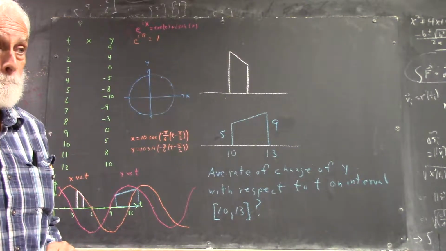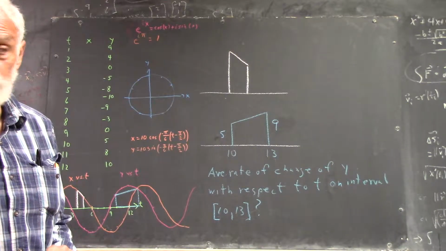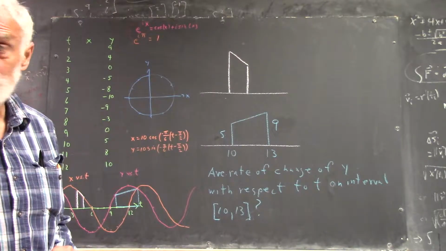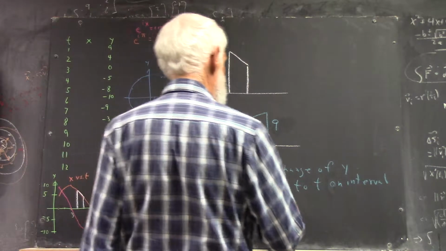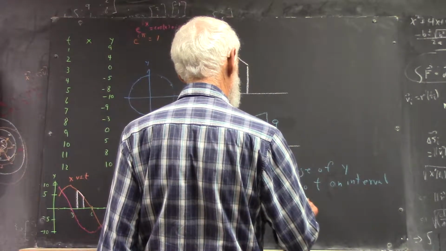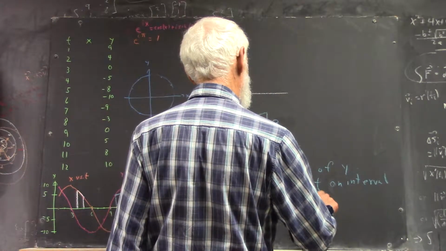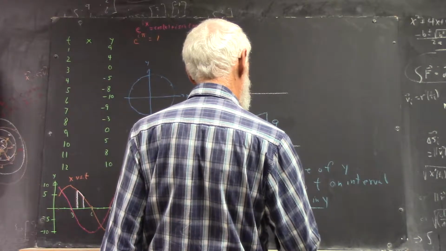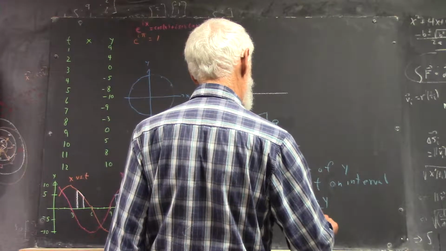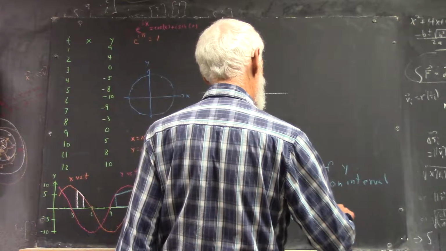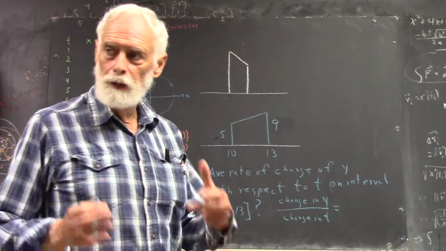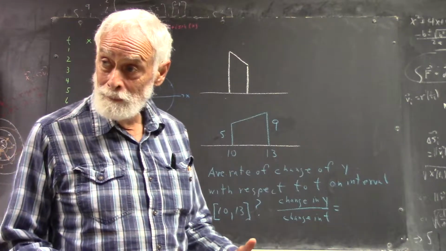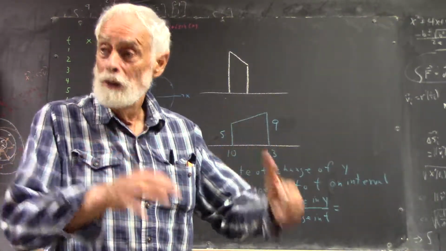So 4 divided by 3? Yeah. Now, is that difficult? No. Okay? 9 minus 5 is 4. Dependent over independent? Yes. When you say the rate of change of A with respect to B, it's the change in A divided by the change in B, right?